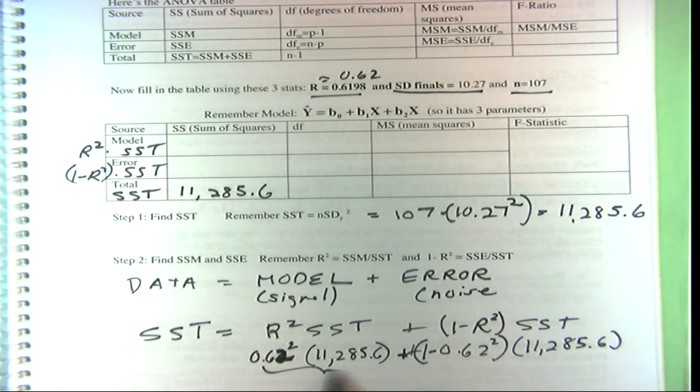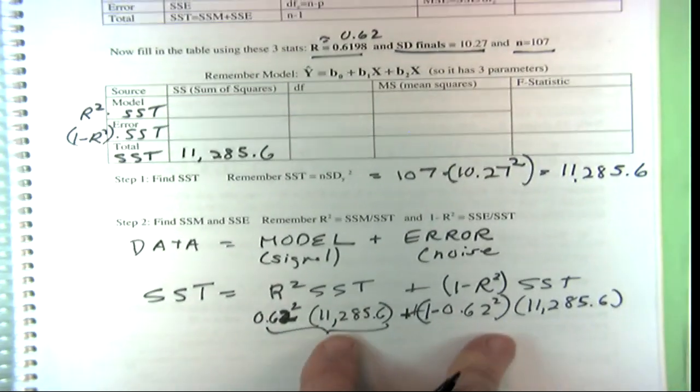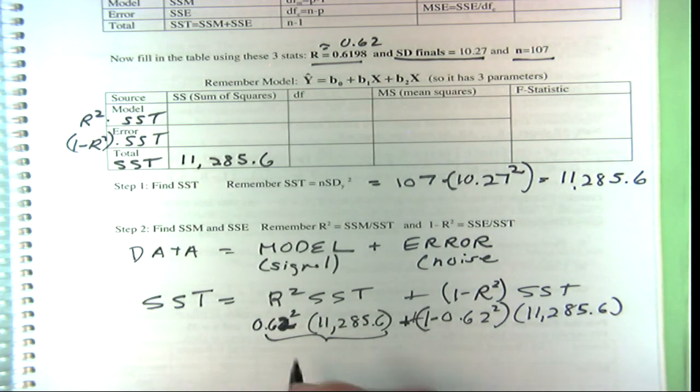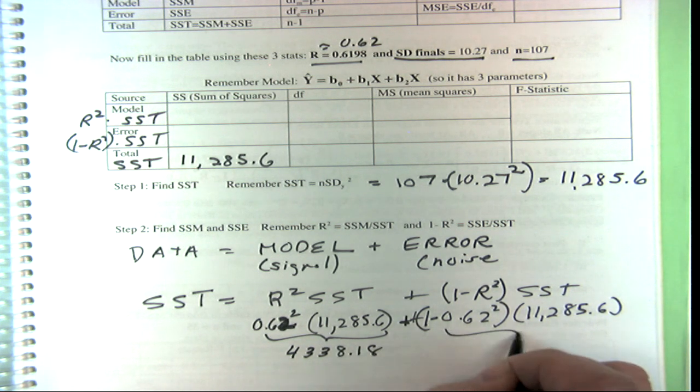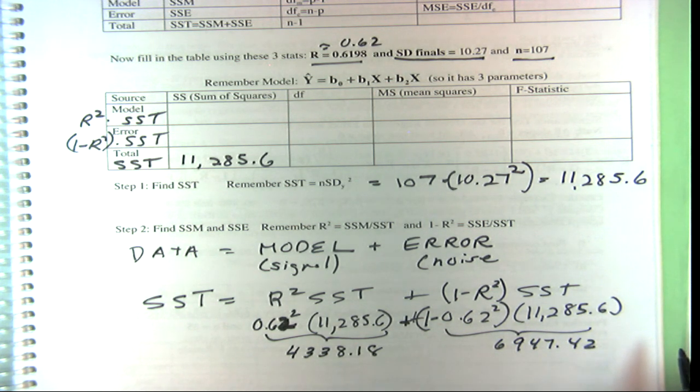When I did that, I got 4,338.18 for the first, and for the second I got 6,947.42.